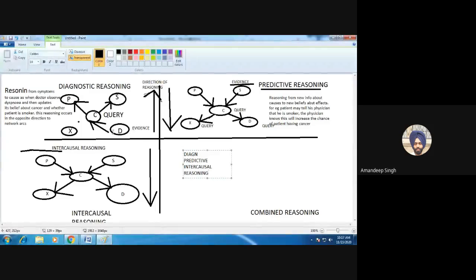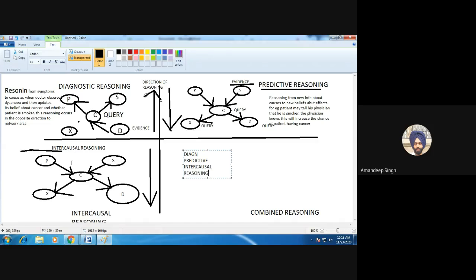From the given evidence you try to determine the causes responsible for it, or from the given symptoms you try to determine the cause for the given effects. Then there is predictive reasoning, going from top to down. From the given piece of evidence you go downwards and update the new beliefs given the evidence in the Bayesian network.